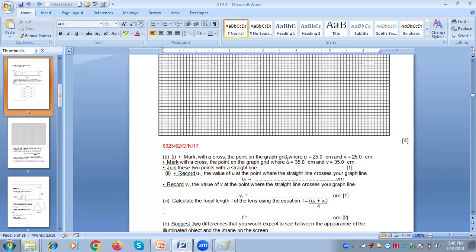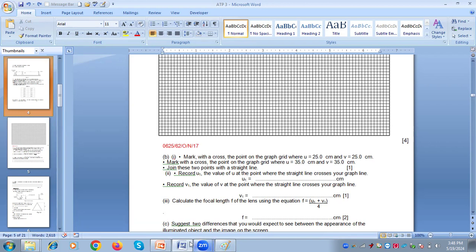And then mark with a cross a point where u is 35 and v is 35. 2 points are to be marked, where u and v are 25 and where u and v are 35. And then you join those 2 points to make a straight line.